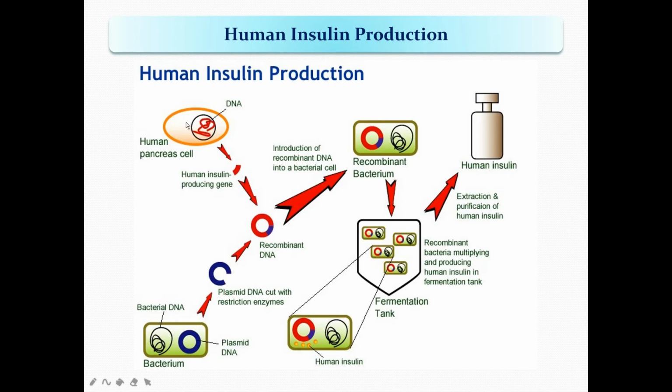So the insulin gene from the human pancreatic cell is cut off and introduced into the plasmid by recombinant DNA technology, and this is inserted into the host bacterial cell, where it multiplies and makes more copies of the desired insulin gene, from which we can get the insulin molecule when it is translated into protein.